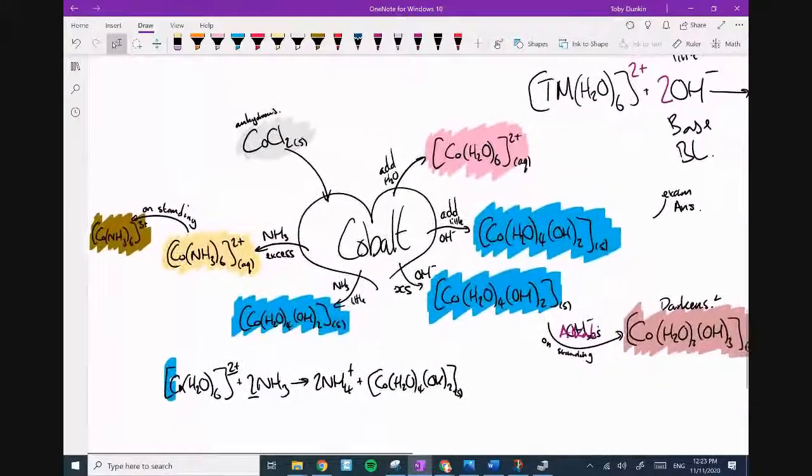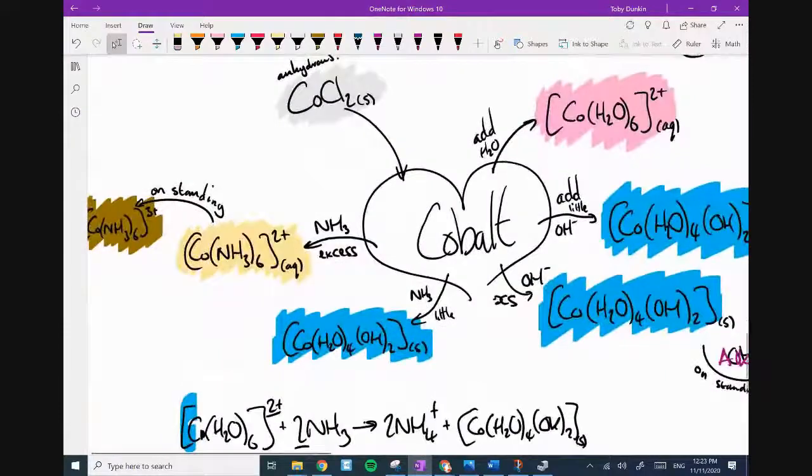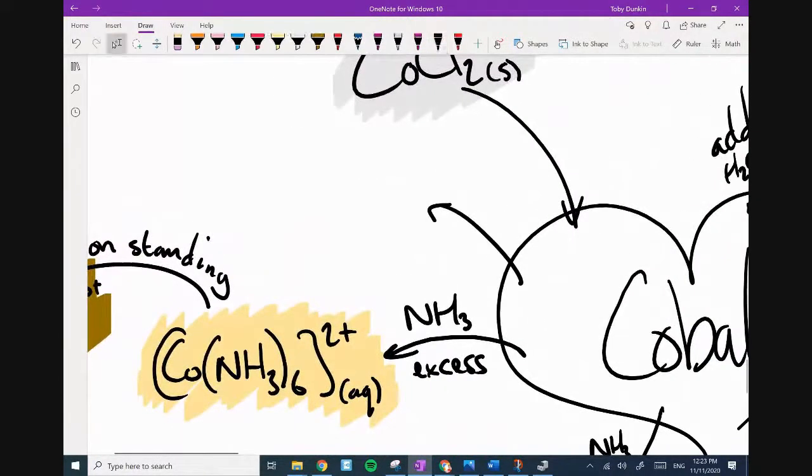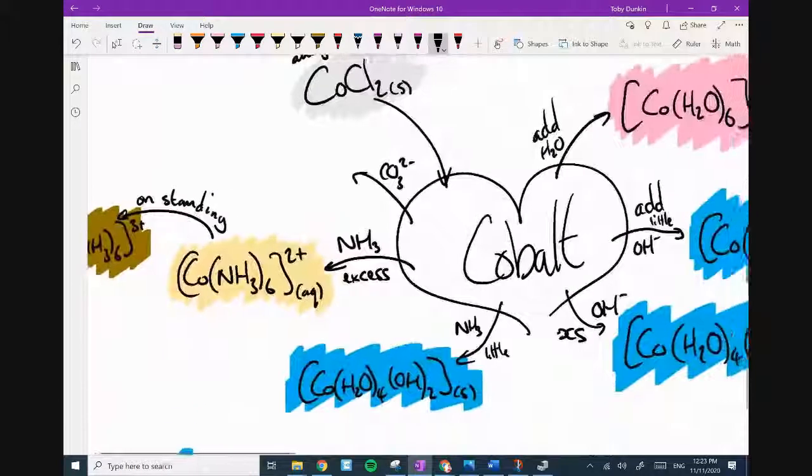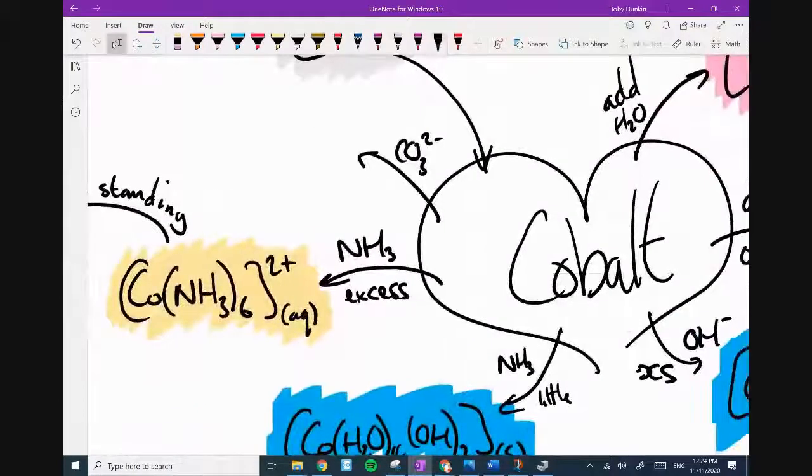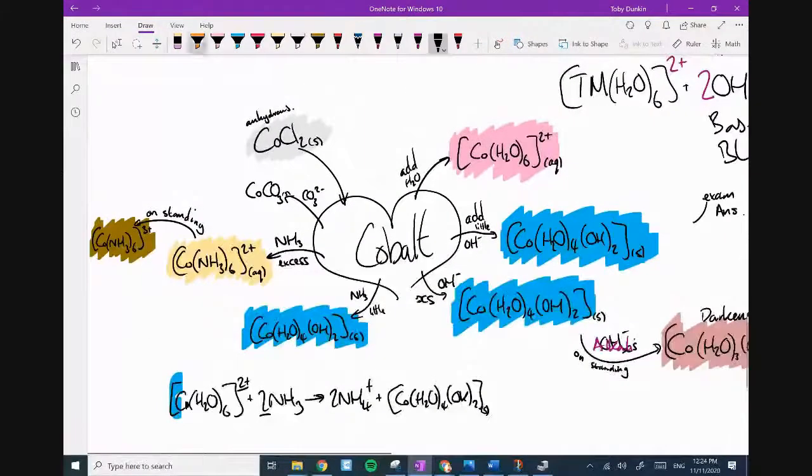You still need to know the equations for it, and you need to be able to build them, but it's reasonable in terms of observations. The last one is the carbonate ion, and the great thing about cobalt is it's a +2. So all that's going to happen is I am going to form cobalt 2 carbonate. And just to tell you, it is indeed a solid precipitate, and once again, it is pink.